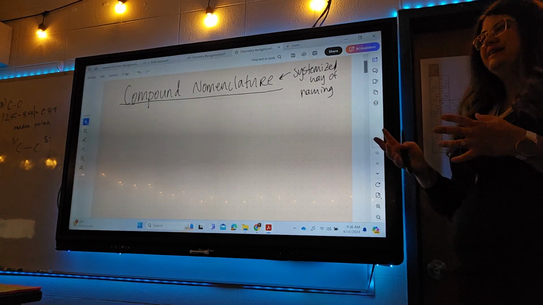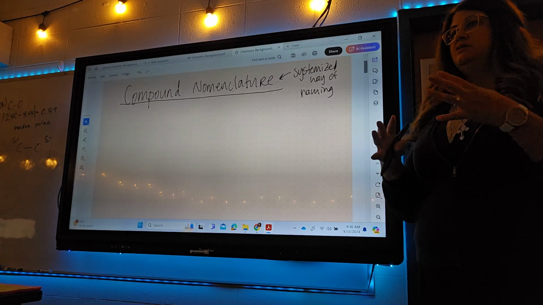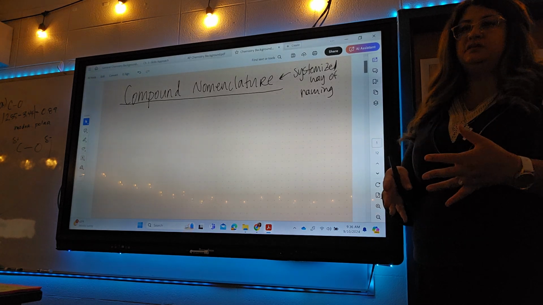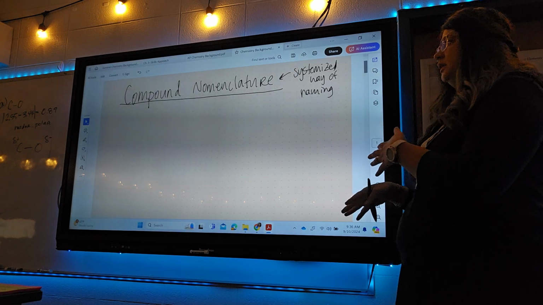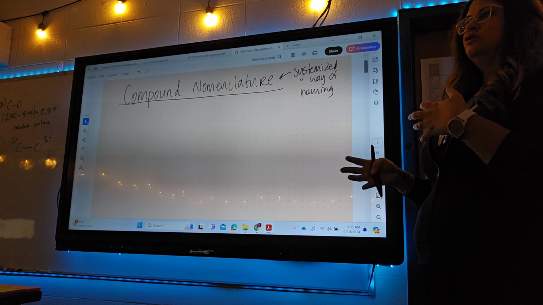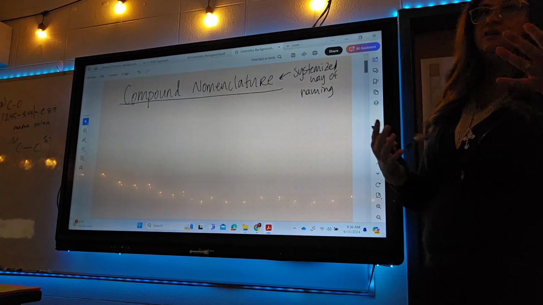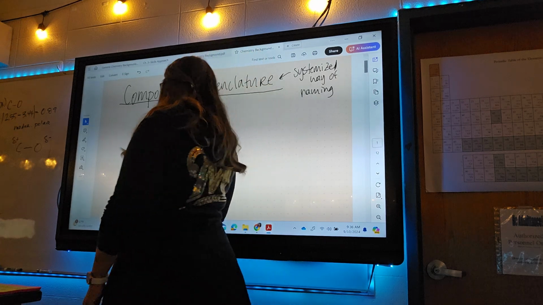And also, we need to have a way that all chemists using all different languages will understand. So while these words are English, they would also be called these same names in other languages as well.